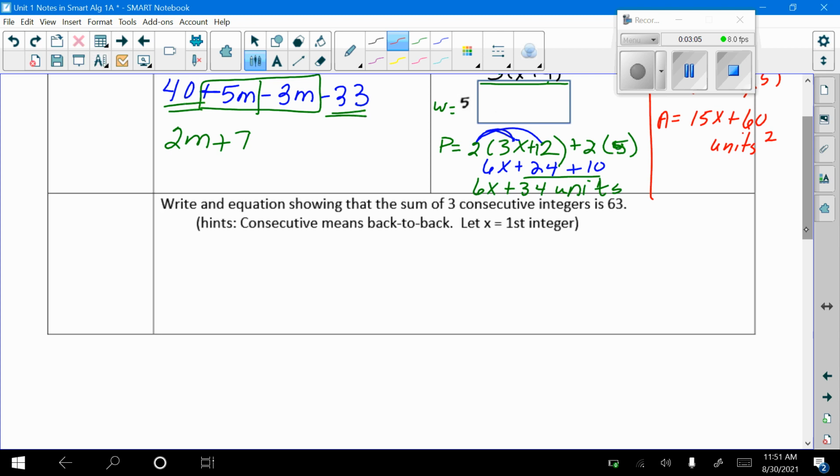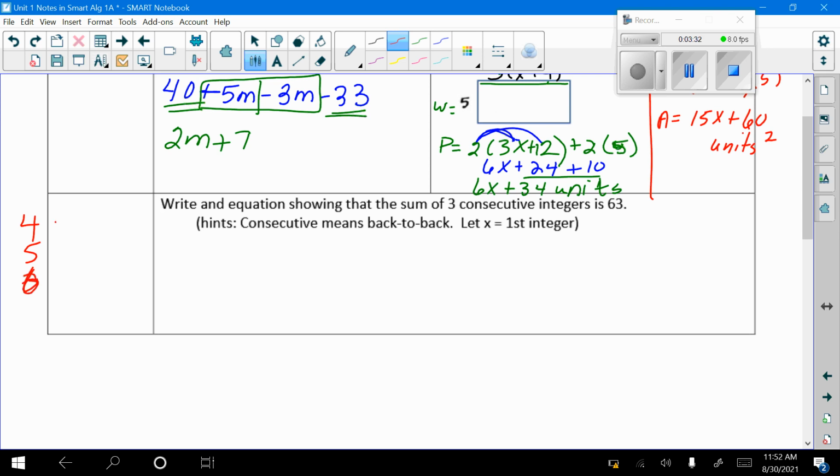Write an equation showing the sum of 3 consecutive integers is 63. Now, we talked about this in class, but I'll go ahead and I'll give it to you here as well, because you might need it, like if you're rewatching this after the lesson, or if you're watching this prior to the lesson. The idea is that we have 3 consecutive integers. So for instance, if I were to have 4, 5, and let's say 6, they're in a row, right, consecutive.